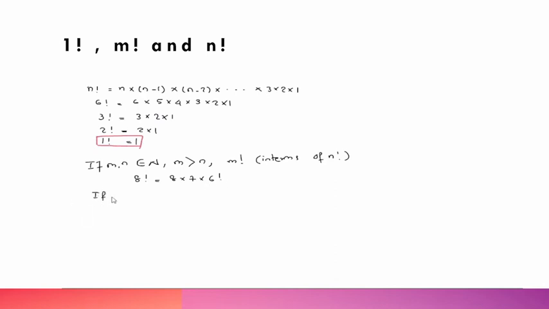If m factorial equals n factorial, then m equals n. It is clear that vice versa, if m equals n, then m factorial equals n factorial.